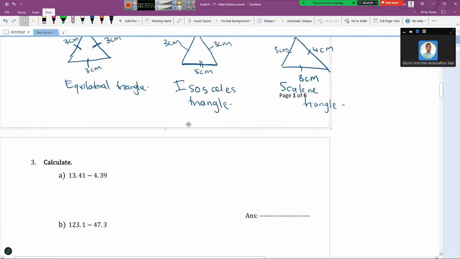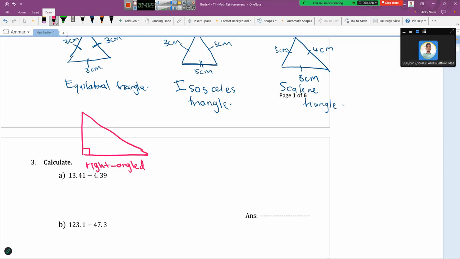Now again, in terms of the angles, we can classify triangles into three categories. Let's say one angle is a right angle. So we can call it a right angled triangle.